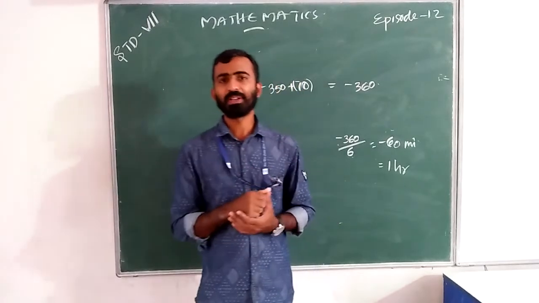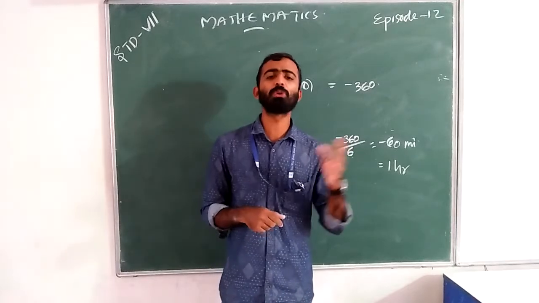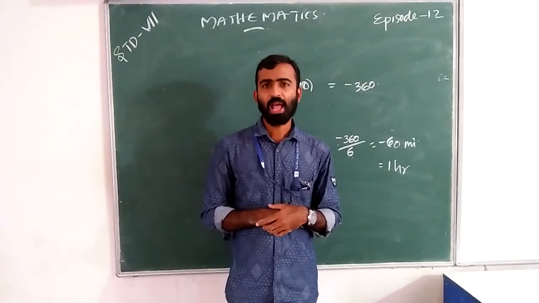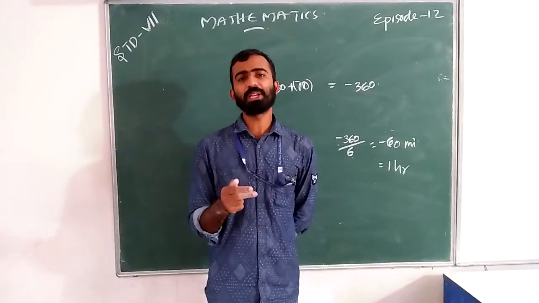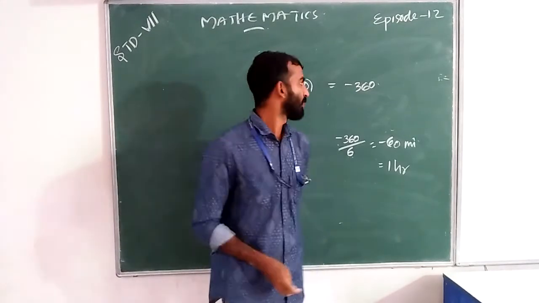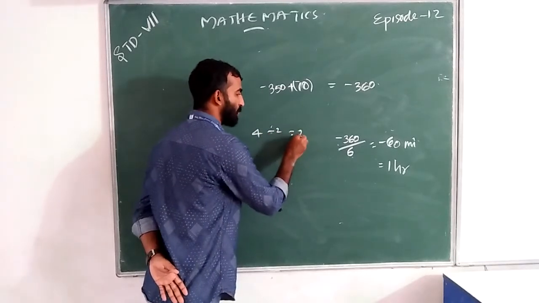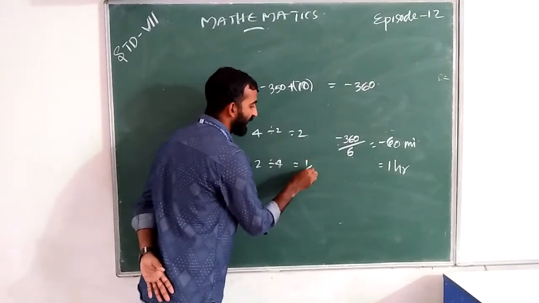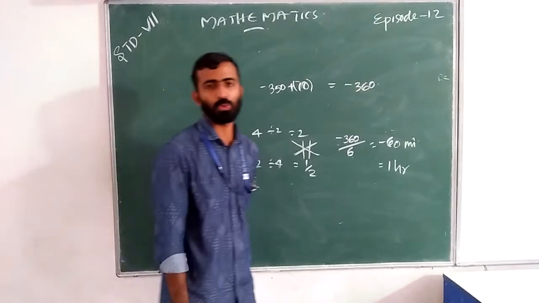In multiplication, we get the same answer, so a into b equals b into a. In division, the commutative property is not satisfied. 4 divided by 2 gives 2, but 2 divided by 4 gives 1 by 2. These are not equal.